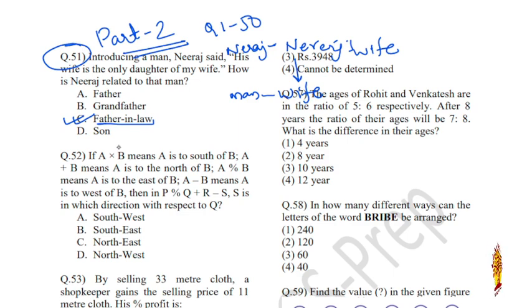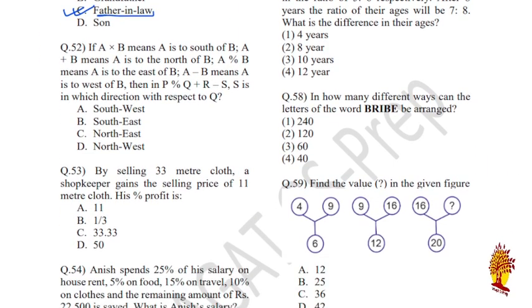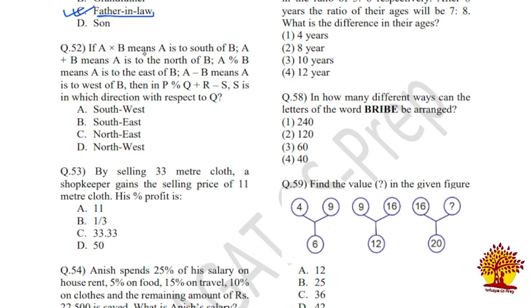Next, 52nd. This one is a bit tricky. If A into B means A is south of B, and A plus B means A is north of B, A percentage B means A is east of B, and A minus B means A is west of B. With this, they have given the statement P percentage Q plus R minus S. Percentage means east of, plus means north of, minus means west of.